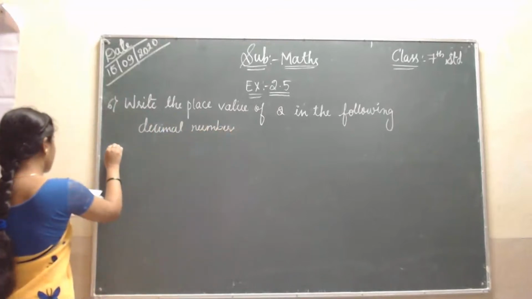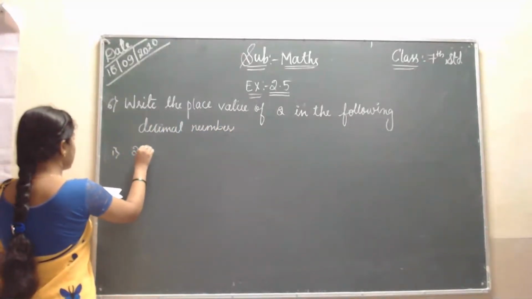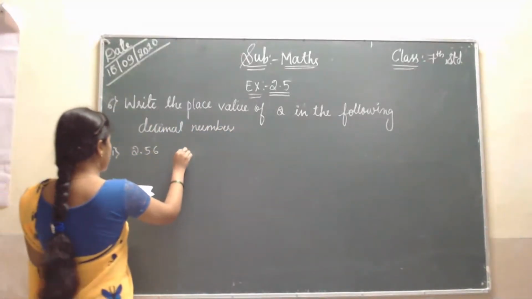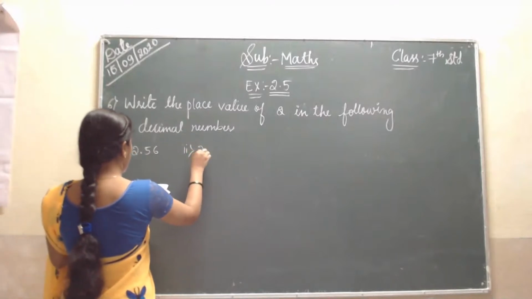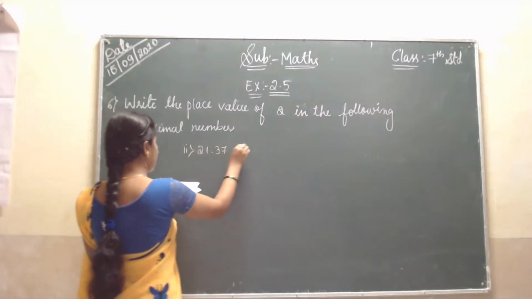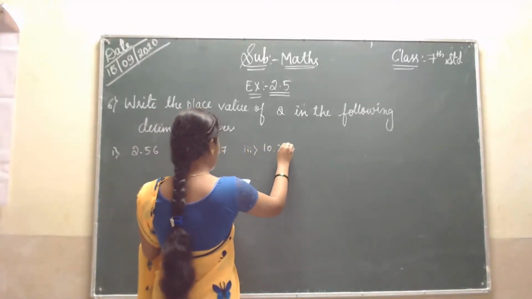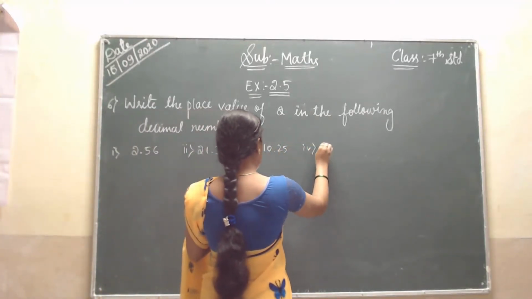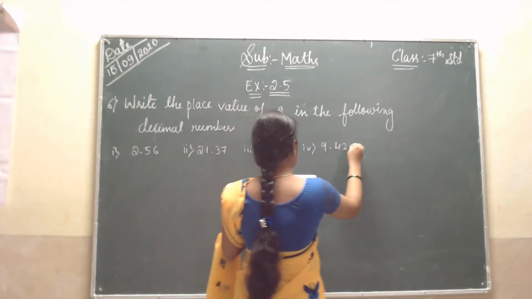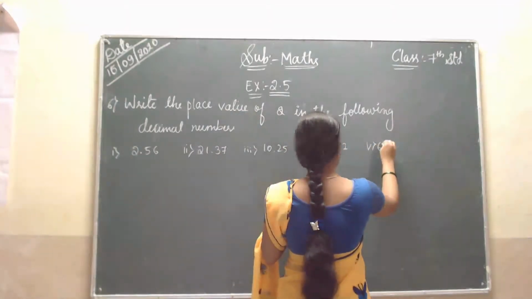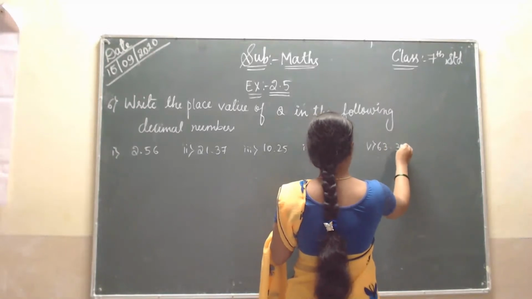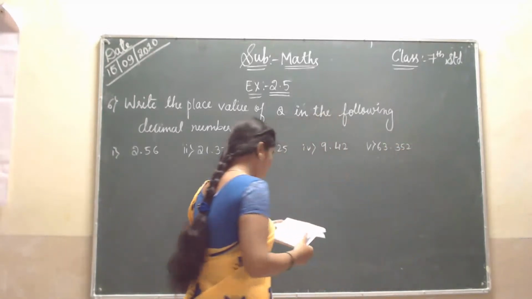See here: 2.56, 21.37, third one 10.25, fourth one 9.42, and last, fifth one 63.352.